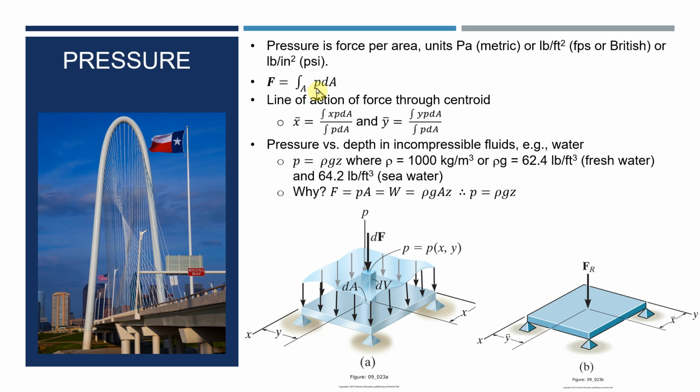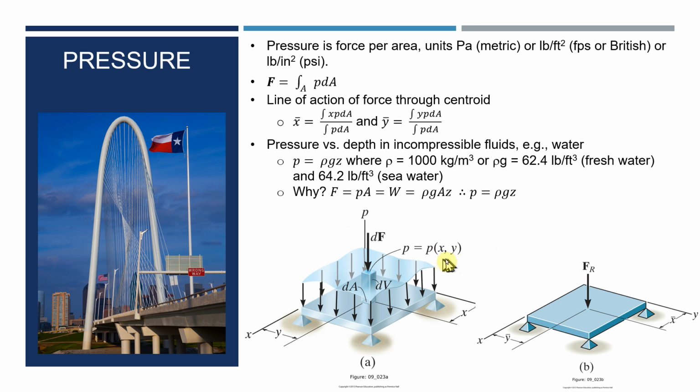Force is equal to pressure times area. Now we have to do it vector-wise because pressure is acting downwards, so this would be in the z-axis direction. The line of action is through the centroid of this. Pressure may not be constant with respect to x and y.